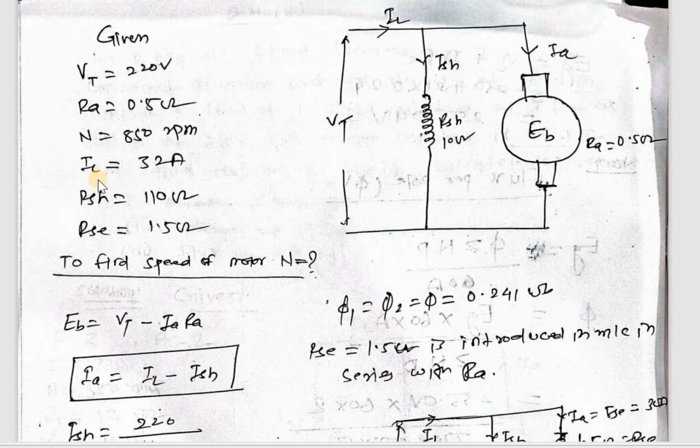Given data is VT equal to 220, RA equal to 0.5, N equal to 850, and IL equal to 32 ampere, RSH equal to 110 ohm, and RESC equal to 1.5.